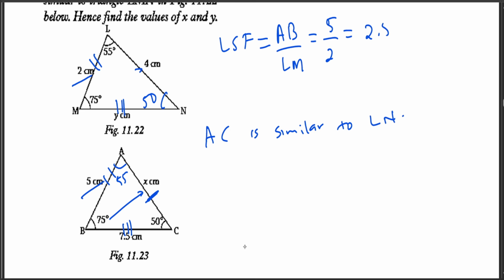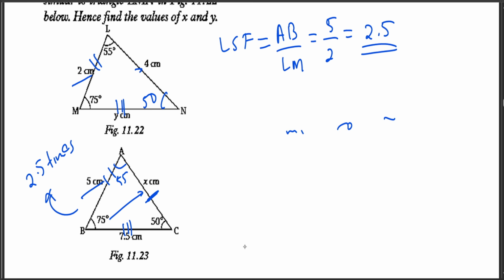So it means that the linear scale factor is 2.5. So this is 2.5 times larger. If you want to get the smaller one from the bigger one, you divide. If you want to get the big one from the smaller one, you multiply.